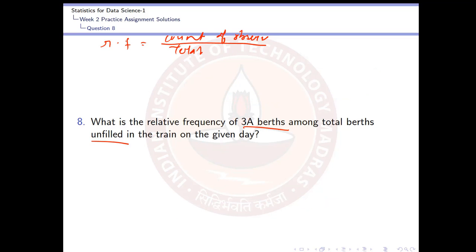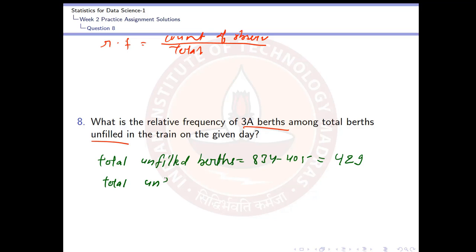So total unfilled berths is 834 minus 405, that will be your 429. And total unfilled 3A berths will be, so let's calculate.